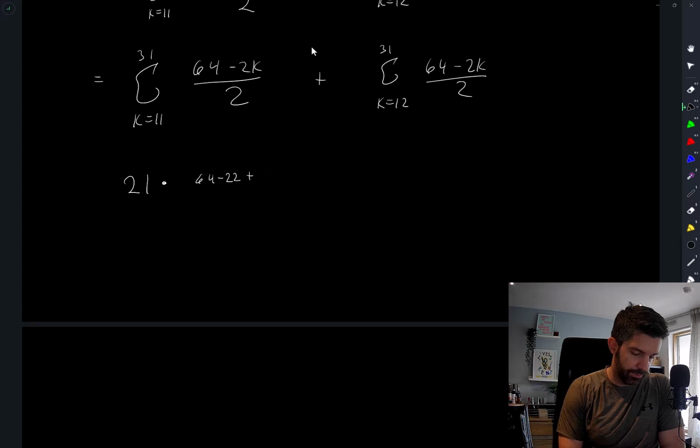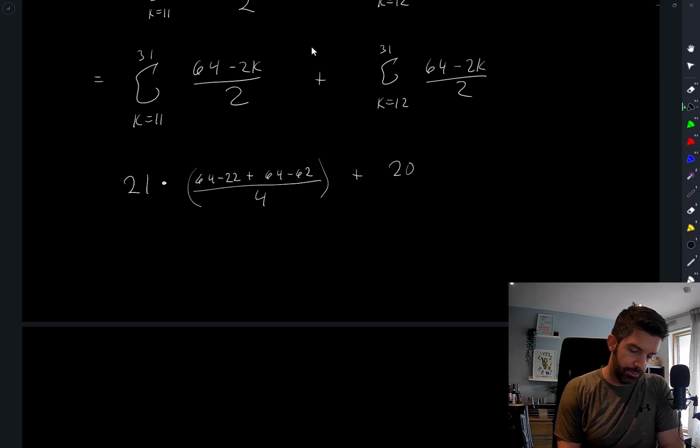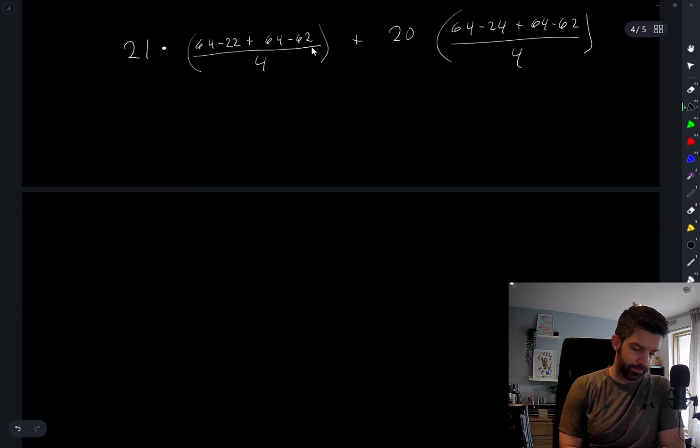The last term is 64 minus 62 divided by 4. Right? Sorry, I forgot to divide by 2 when I was talking about that. And how many terms are here? There are 20. The first term is 64 minus 24 divided by 2. The last term is 64 minus 62 divided by 2. So let's divide that by 4. Okay.